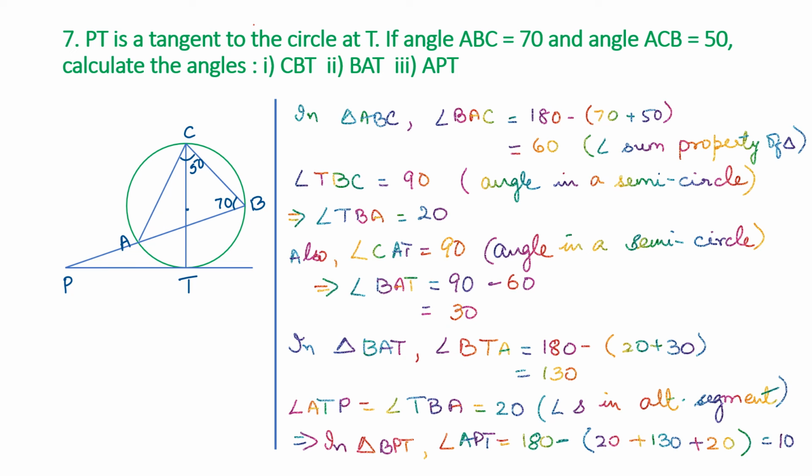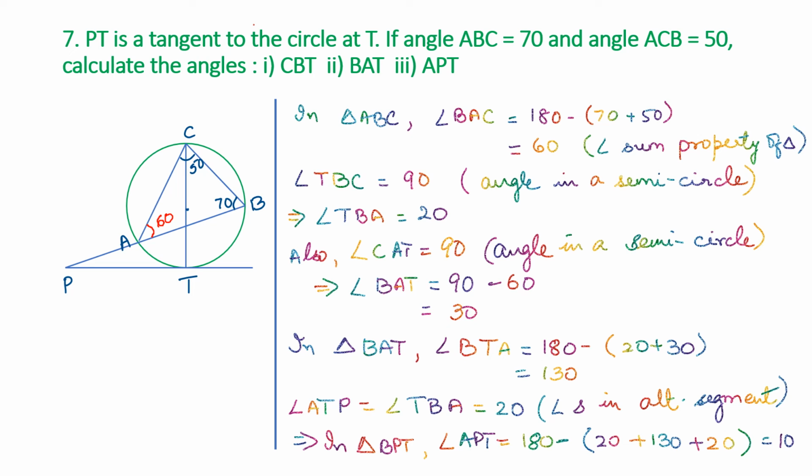The first thing I see is that in this triangle I know this is 70 and this is 50, so I can find out the third angle, 180 minus this, which will be equal to 60 degrees.